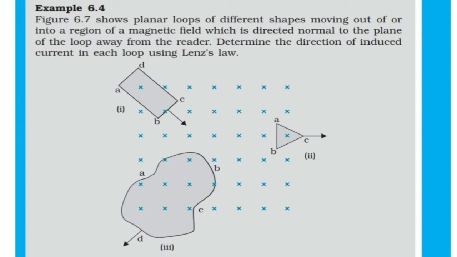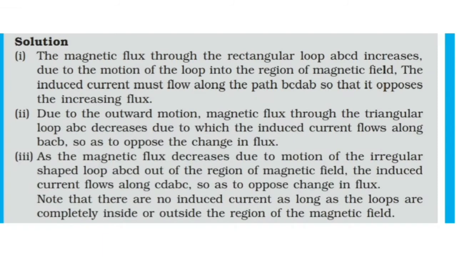That means the induced current in the loop should flow in such a way that in the into direction, the magnetic field is increasing. So for that, the current should flow in BAC direction.